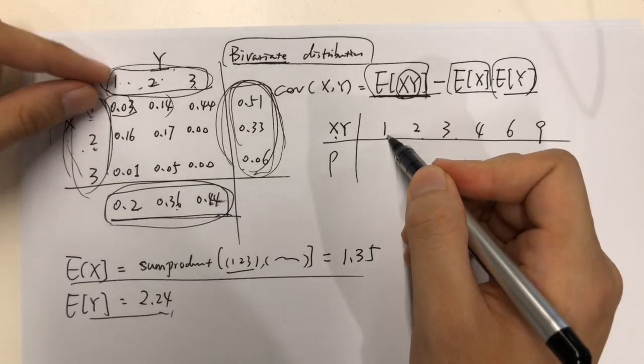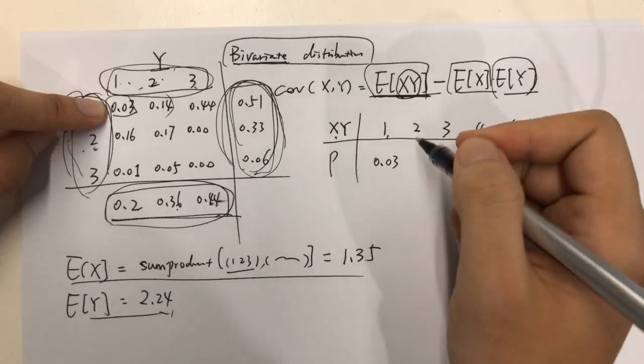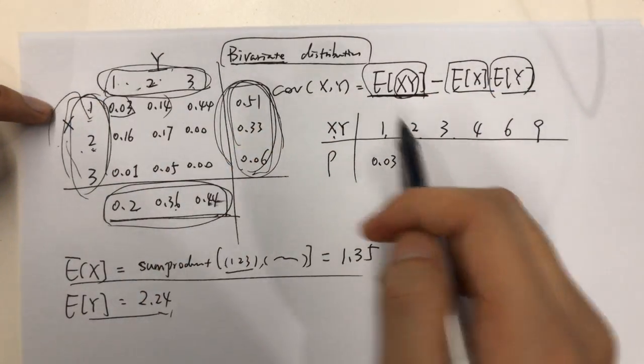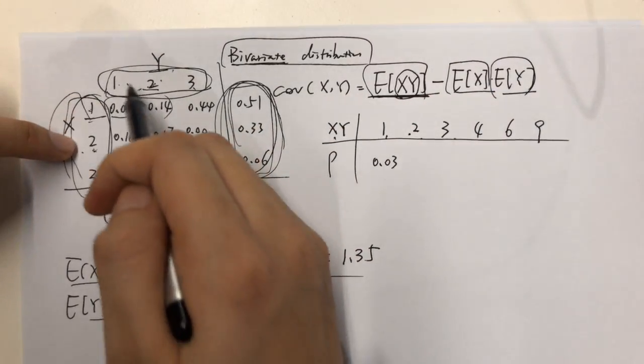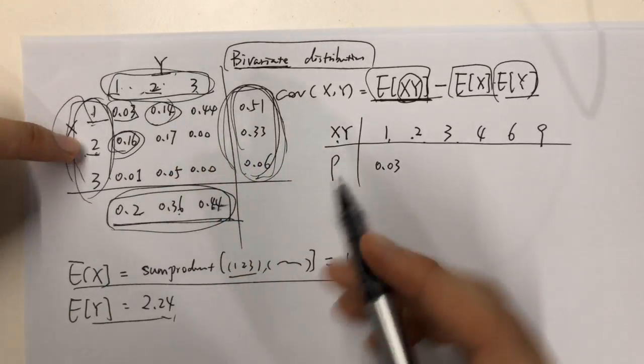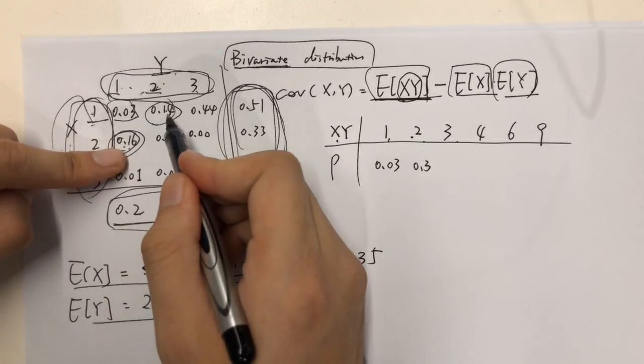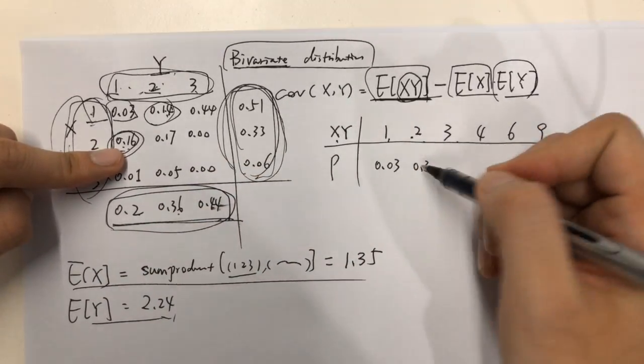So for xy equal to 1, the probability is only 0.03 over here. And if it is 2, it can be 1 times 2, or 2 times 1. So it's the probability of these two things. So it's 0.16 plus 0.14, which is 0.3.